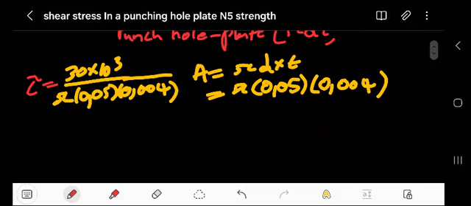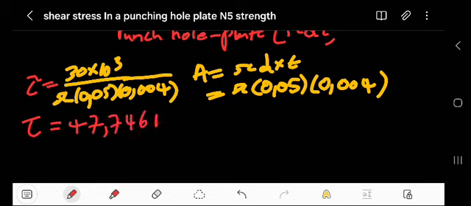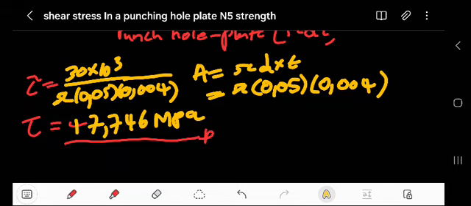So if you punch this in, you find that the shear stress is 47,746 megapascal. Right, so this is what you will have there. It's a shear.